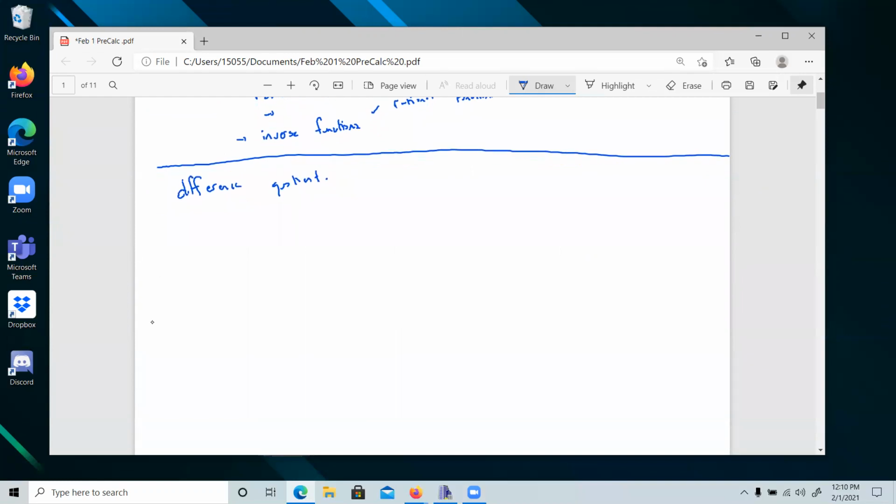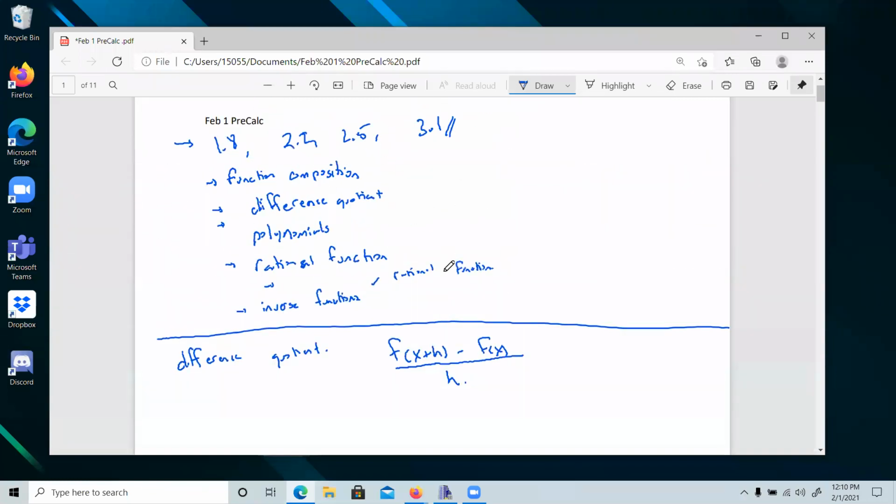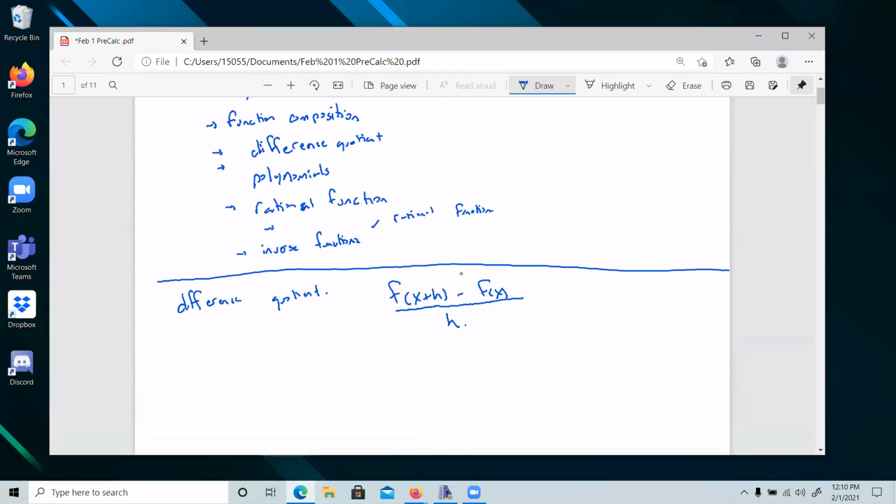So the idea for a difference quotient, I think they give you this formula most of the time, but I can't swear to you that they always do. So you might need to memorize that formula for the difference quotient, all right?